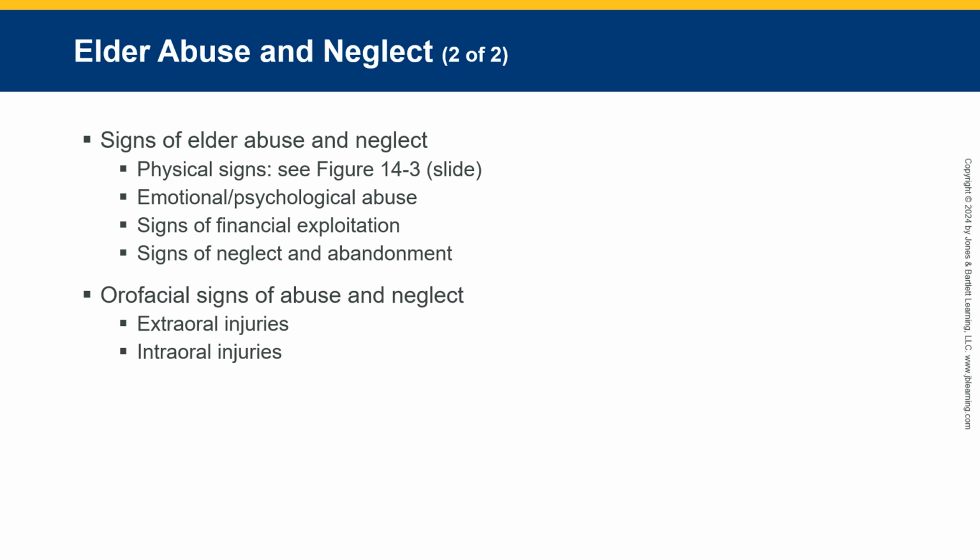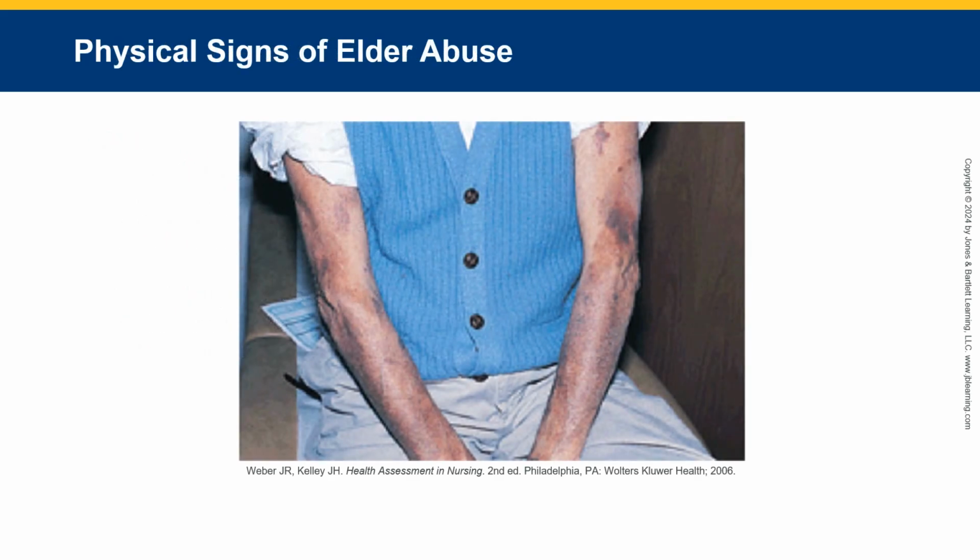Intraoral injuries include avulsed teeth, lesions or sores in the mouth from ill-fitting dentures, fractured dentures. You can see this picture here. The patient has bruises, but he has bruises that are at different stages of healing.